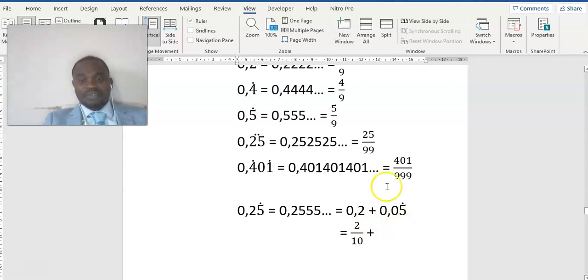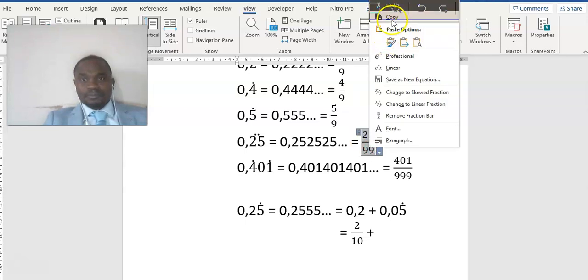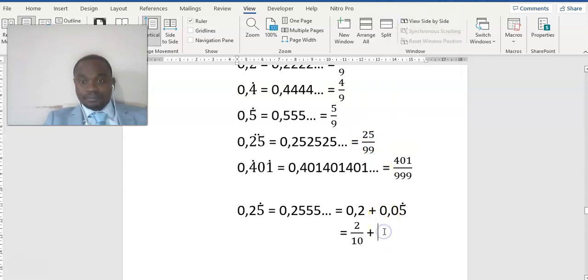How are you going to write that one? 0,5 is going to be 5. How many numbers are repeating? Only one. So 9. How many zeros do you have in front? 1 zero in front, 1 zero at the back.